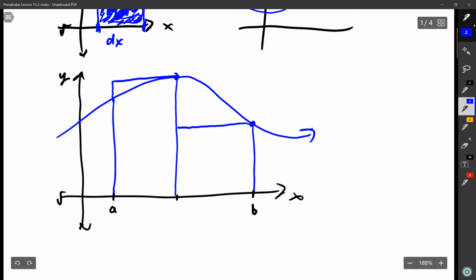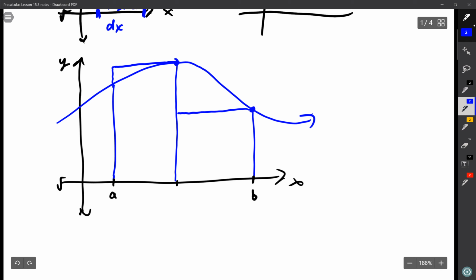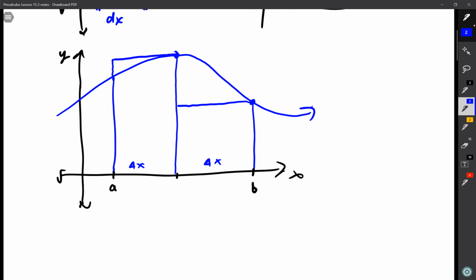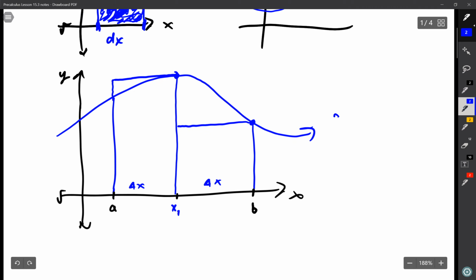Okay? There's some width here that is delta x, and because we cut this in half, that's also delta x. And this is our first x value that we're plugging into our function. So if this curve is f of x, then at this point the x value would be x sub 1, and the y value would be f of x sub 1.